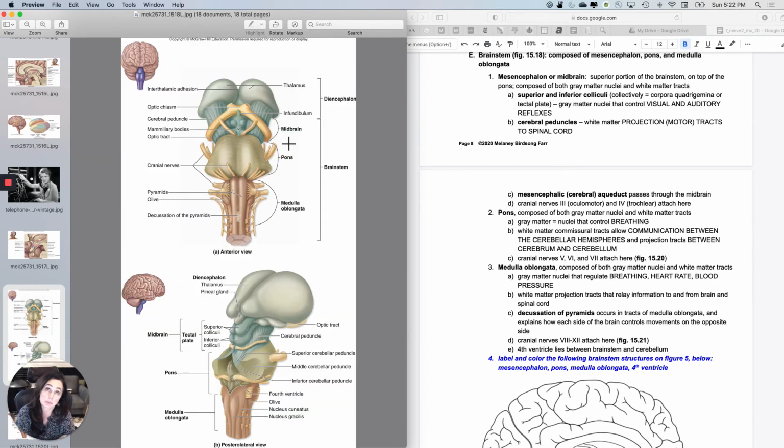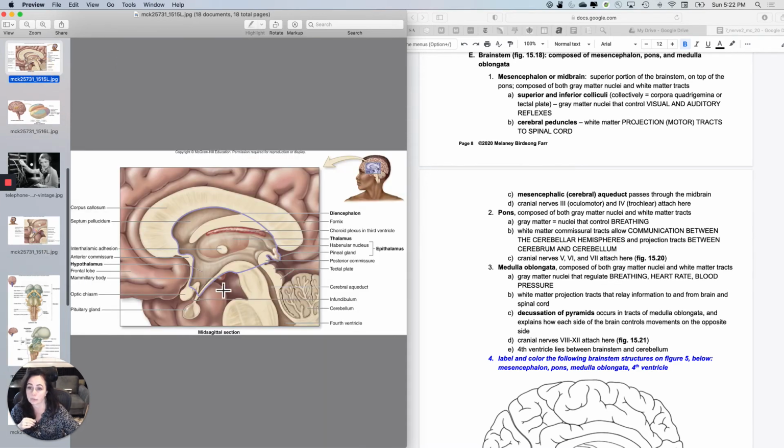So it probably wouldn't surprise you if I told you that those were primarily projection tracts, bringing information to and from the higher and lower brain and spinal cord. Okay. And then, of course, the mesencephalic or cerebral aqueduct goes through there, right here, right? So if you see the cerebral aqueduct, you're in the mesencephalon or midbrain, okay?